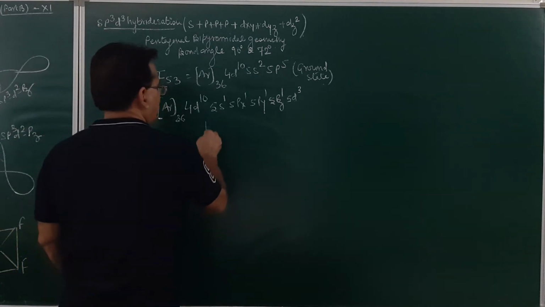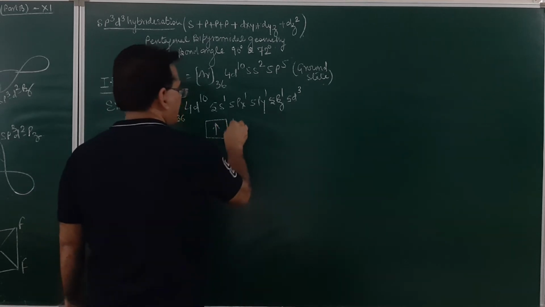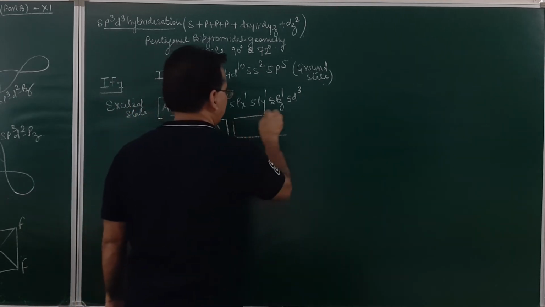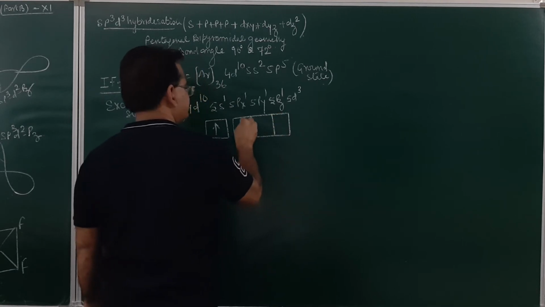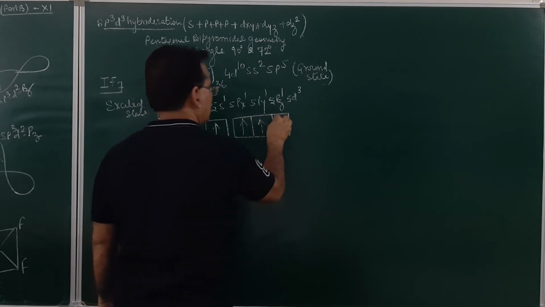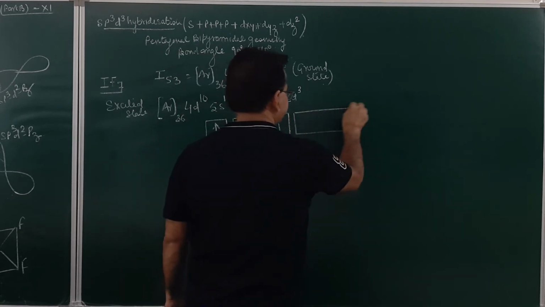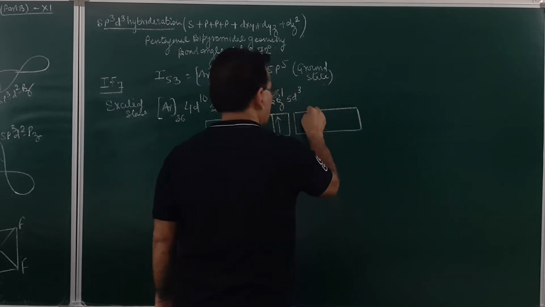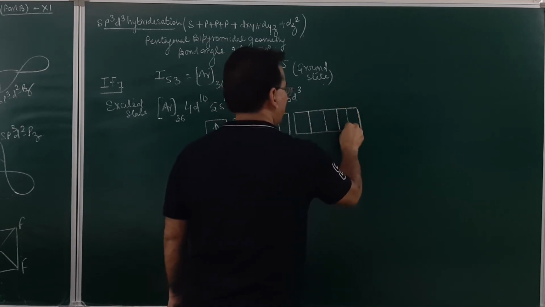How? 5s will have one electron, 5px, 5py, 5pz having one electron each, and 5d will have three electrons.